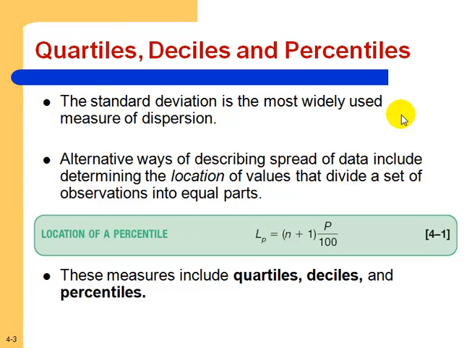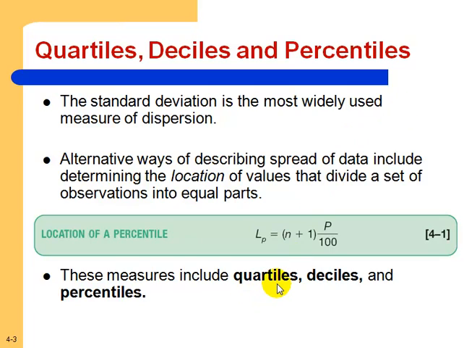The standard deviation is the most widely used measure of dispersion, and there are alternative ways of describing the spread of data, including determining the location of values that divide a set of observations into equal parts. These measures include quartiles, deciles, and percentiles.